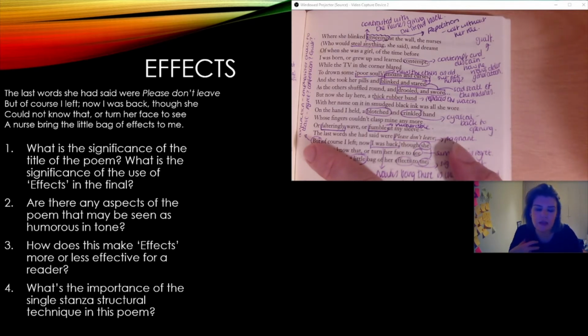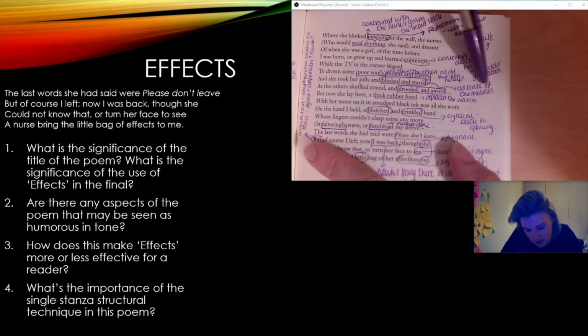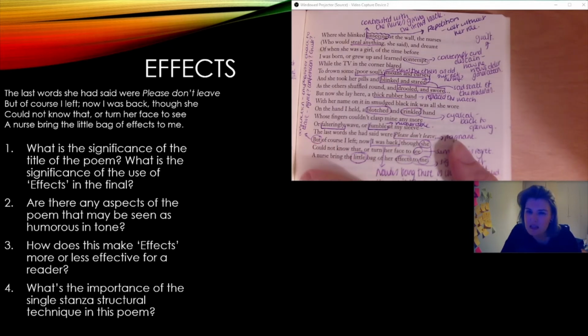So there's a clear sort of link between the behaviour is not what we would stereotypically see as normal behaviour. So she clearly belongs there, but there's still a difference between the way that others are behaving and how she's behaving. And sort of this sad state as well. There's such a sort of feeling and sense of sadness that permeates this poem.